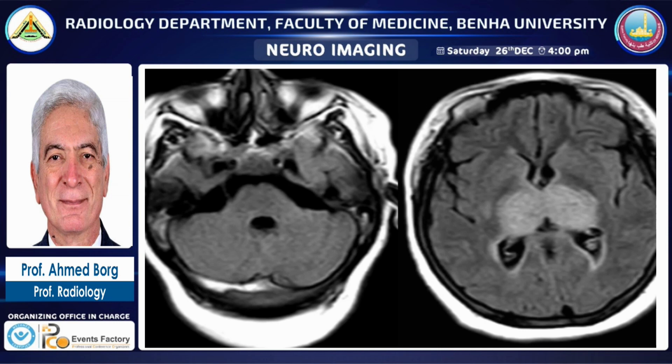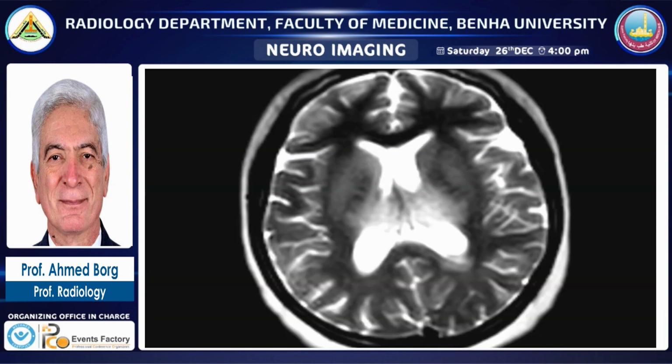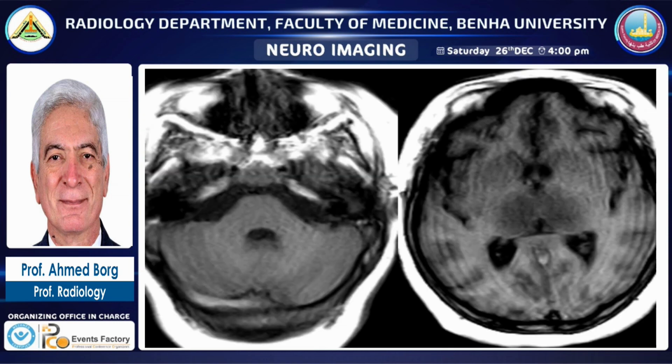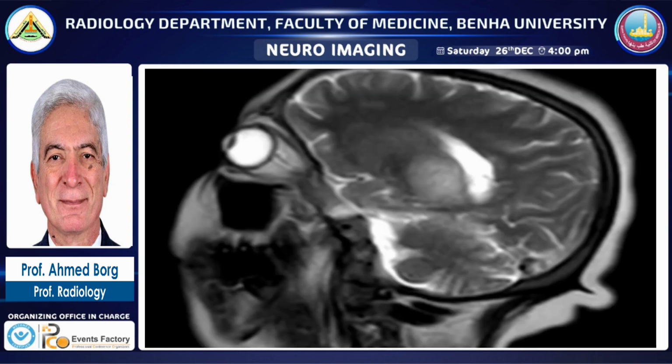Look at here, there is hyperintense signal on this T1 weighted image in the transverse sinus and beginning of the sigmoid sinus. Again, there is hyperintensity in the thalami, hypointense on T1 weighted image, and on T1 image again there's the signal in the dural venous sinuses. Here are the hyperintense thalami on T2 weighted image.